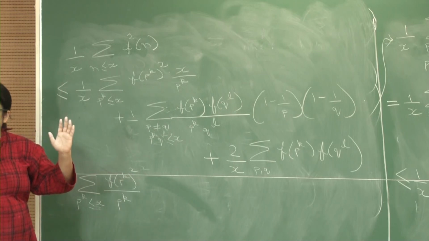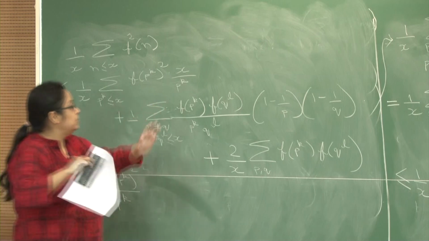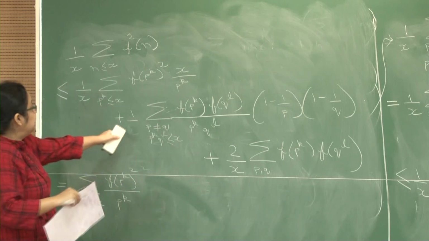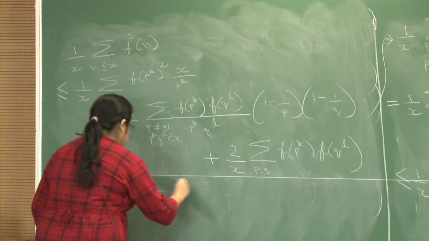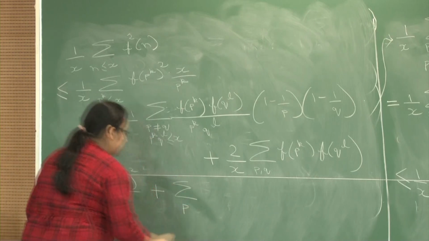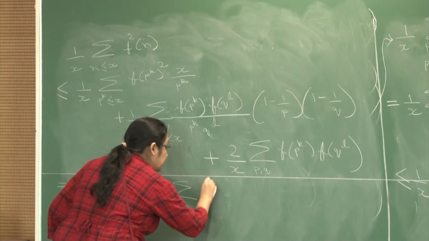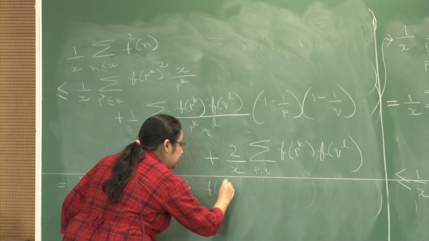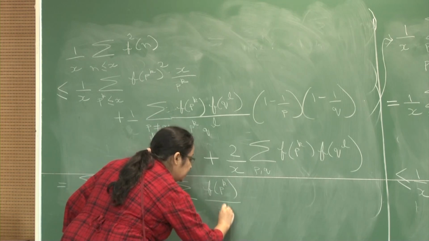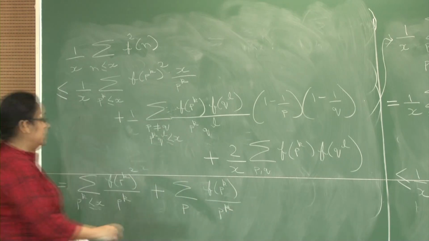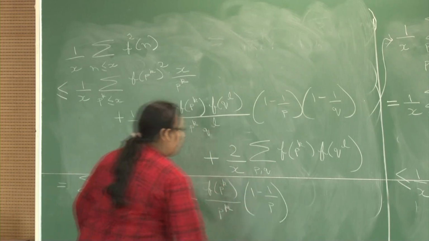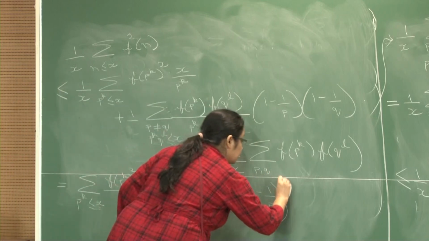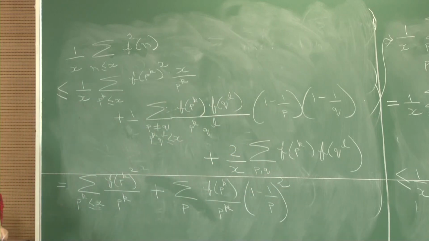So all I'm saying is that the second term is less than or equal to the summation over p of f of p raised to the k over p raised to the k, into 1 minus 1 by p, whole square, assuming that your f is a non-negative function.